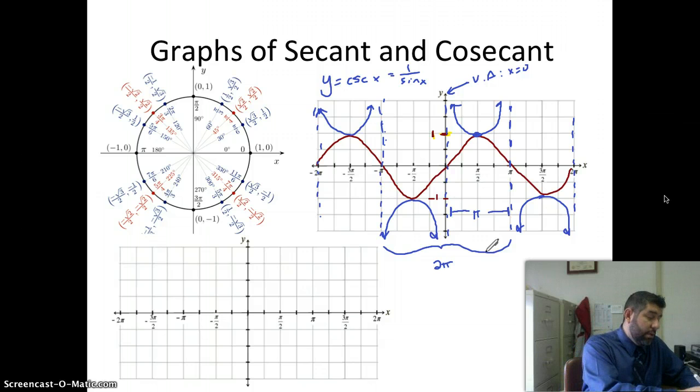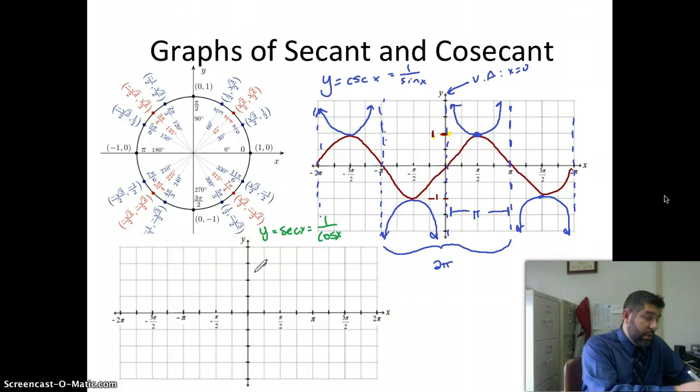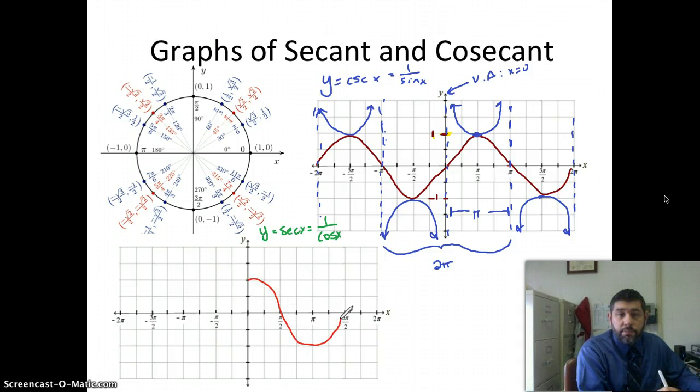So let's take a look really quickly at secant. Remember that secant is 1 over cosine. So cosine starts here and goes down. So cosine goes like this. Do my best cosine here.